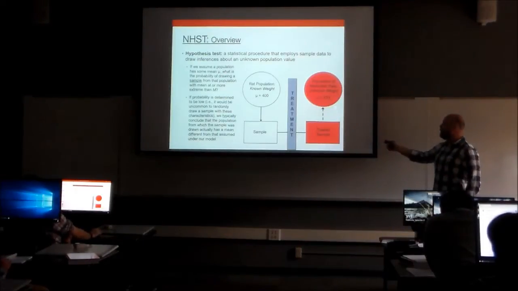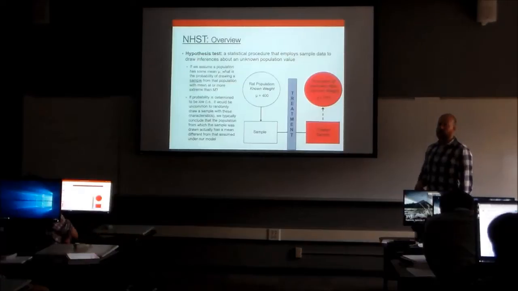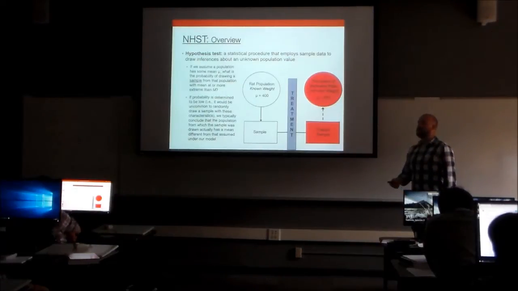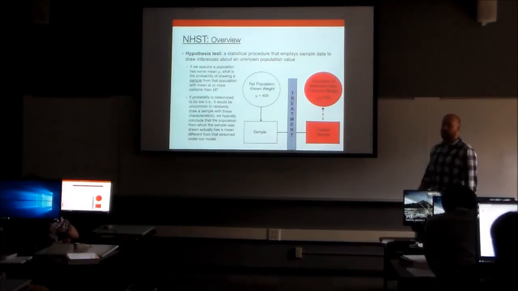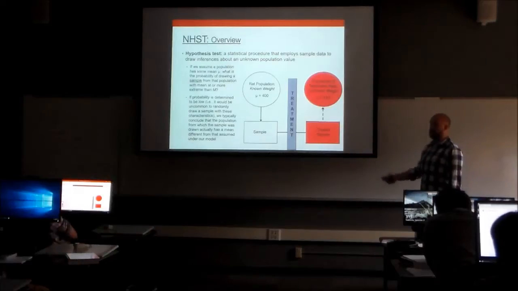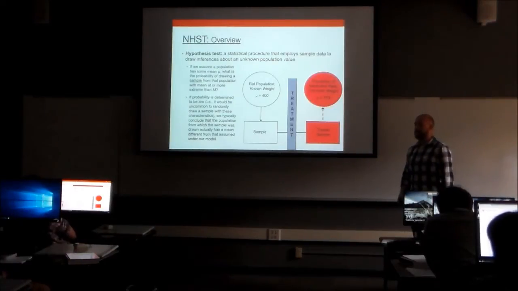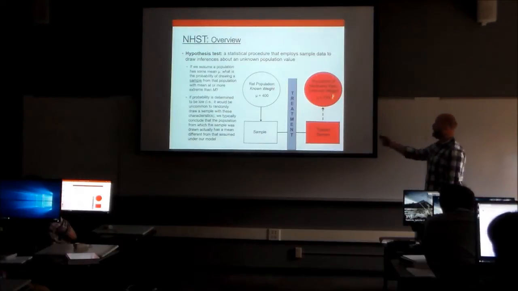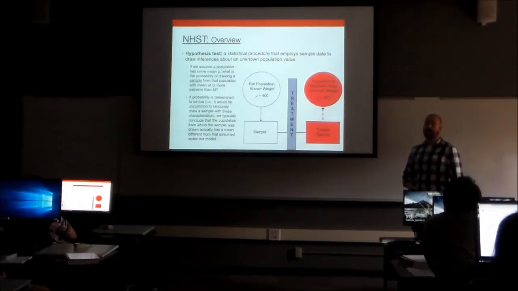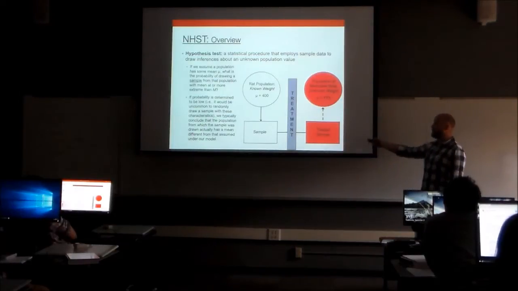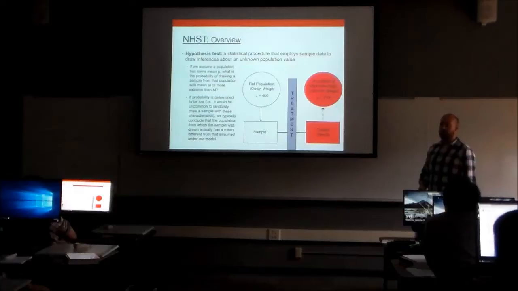If we calculated our test statistic and found it would be very rare to get a sample with a mean value of 500 if the true population mean of the treated rats was 400, then we would start to infer that this population of medicated rats, we don't know what the population value is for their mean weight, but we're assuming that it's something that's not 400. We're assuming that it's something different, okay?